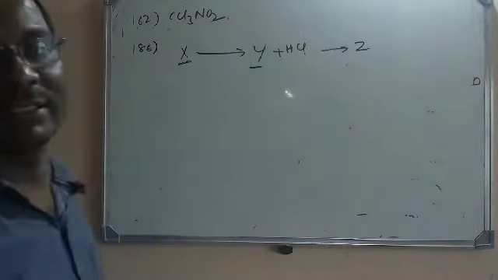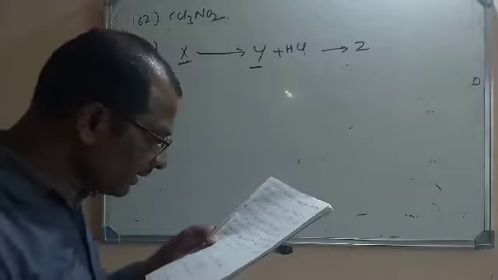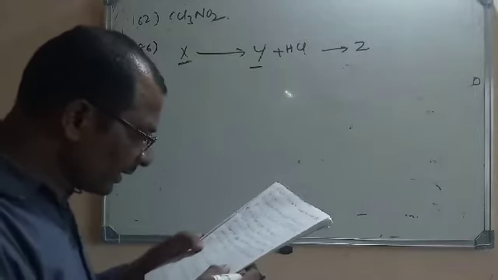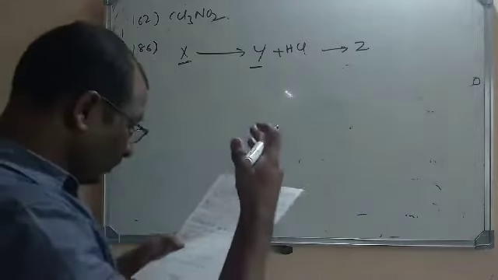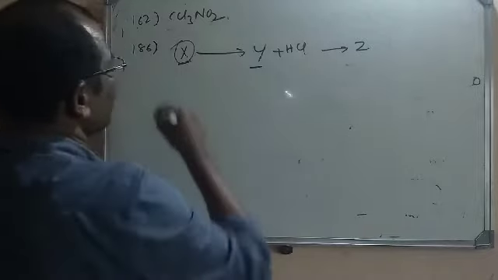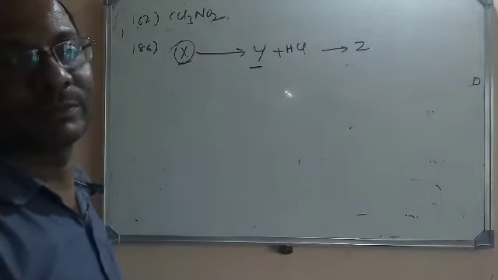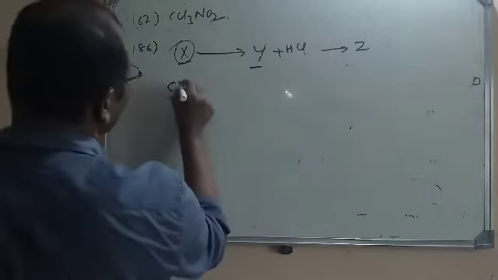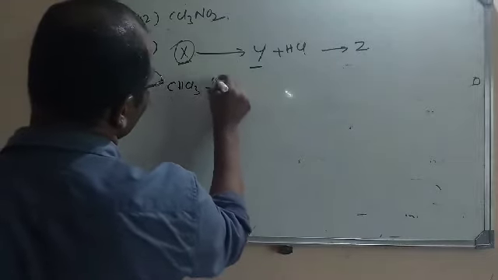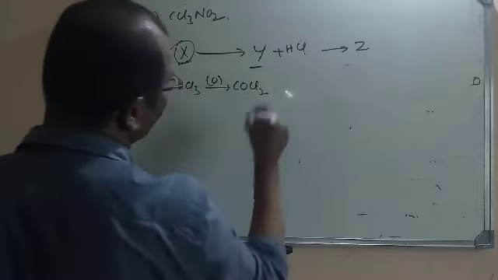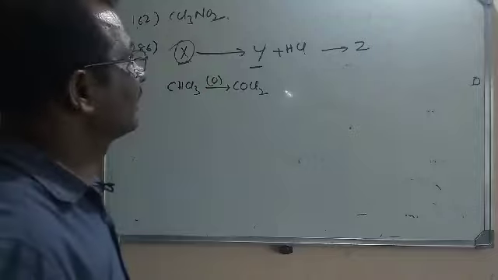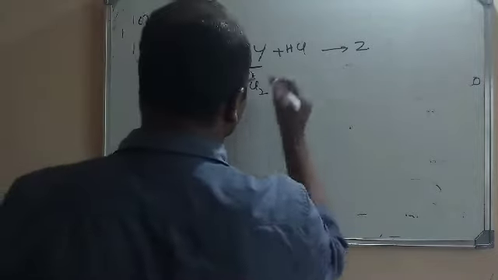Actually, in the options, the first one is chloroform. Chloroform, CHCl3, is oxidized to give carbonyl chloride, that is phosgene.